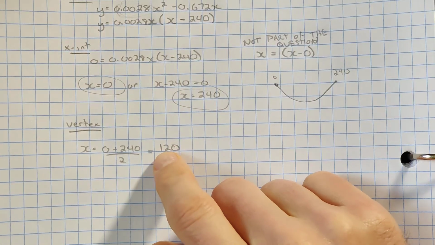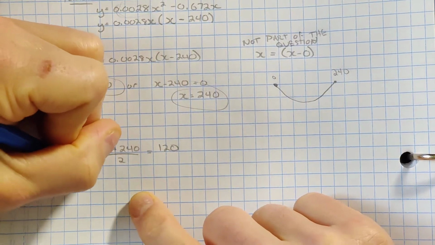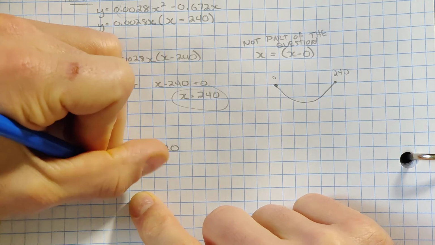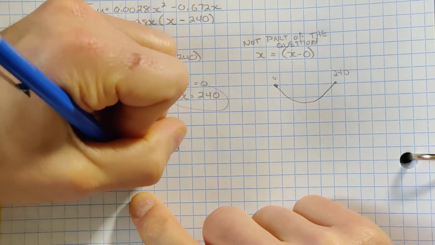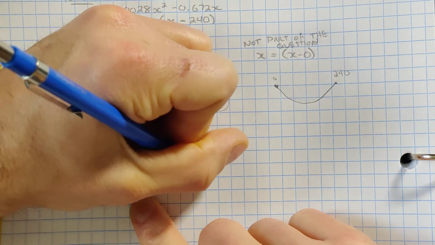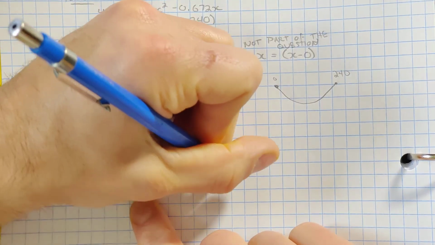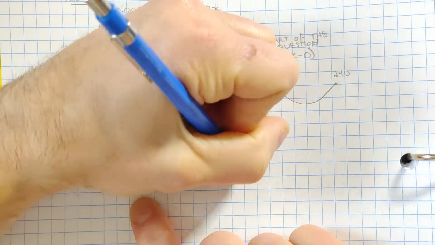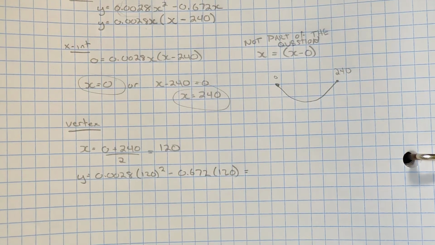Substitute that into the original equation. y equals 0.0028 times 120 squared minus 0.672 times 120. And again, probably convenient just to plug that into your calculation device.